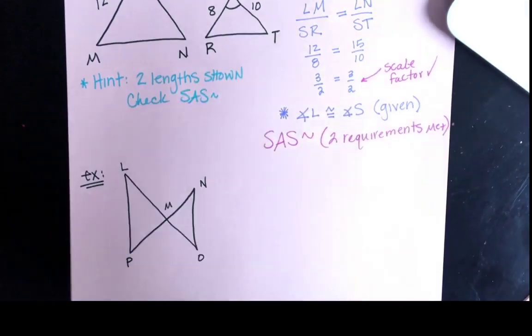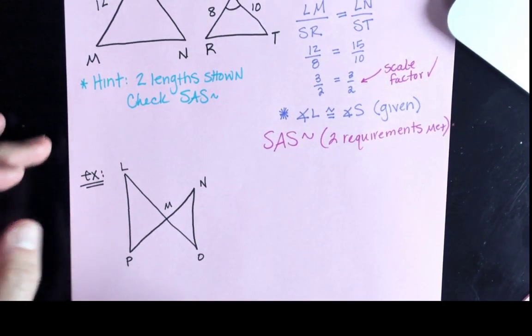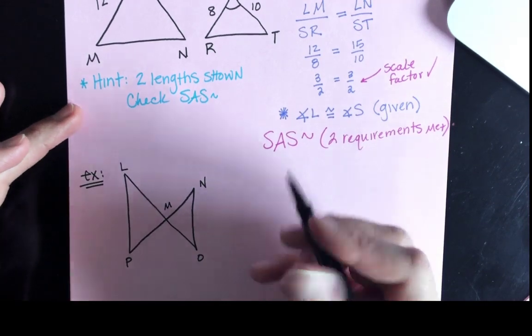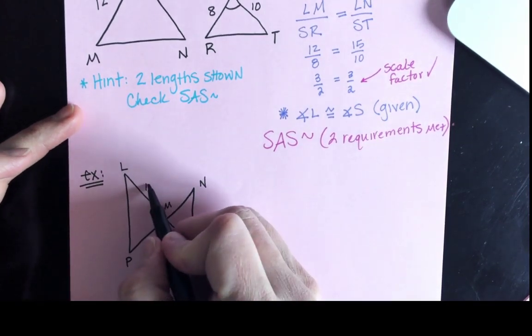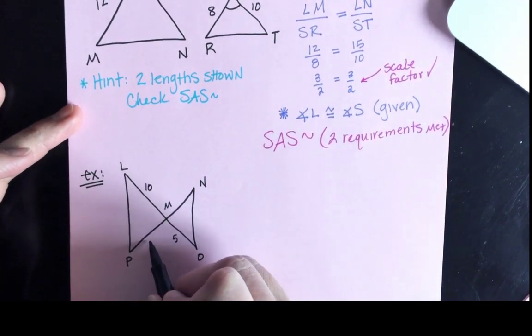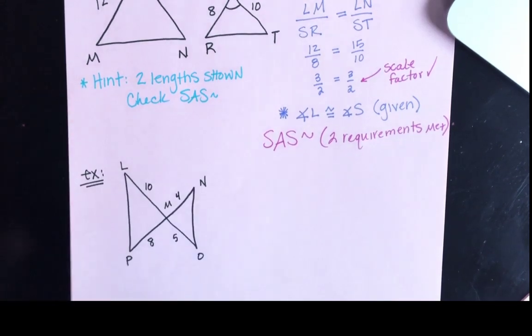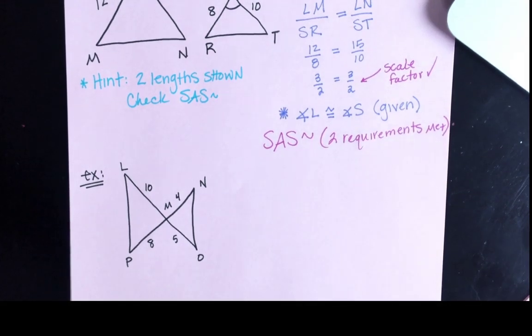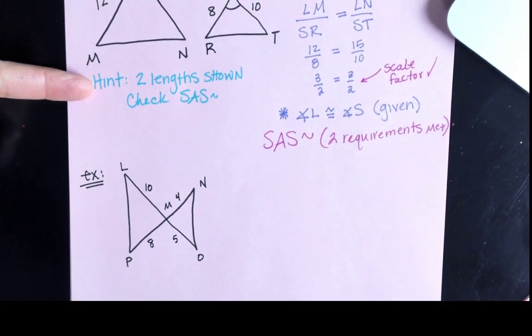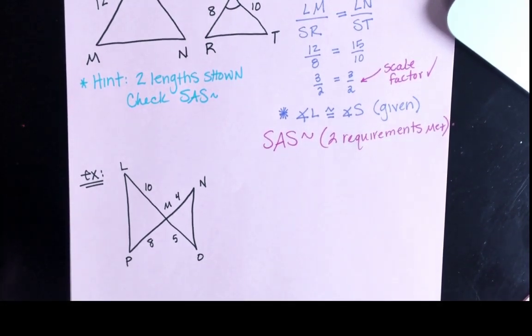You're going to have to determine how the angles are congruent. So, for instance, if I said this was 10, this was 5, this was 8, this was 4, and that was it, I at least know my hint is that there's two sides given. It's got to probably be side angle side.